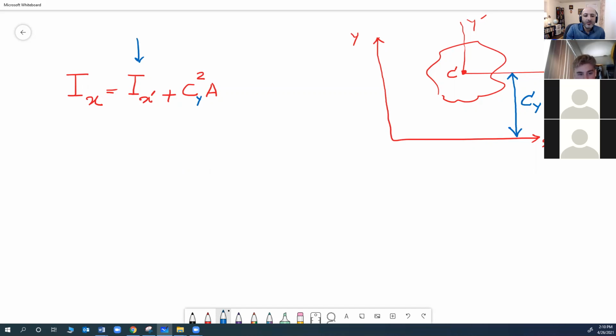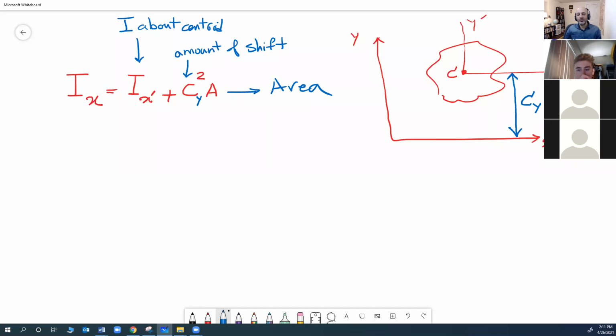So this is I about centroid. This is the amount of shift, and this is just the area. Okay, so if I want to find I about the y axis, all I have to do is find I about y prime plus c squared A, this time called cx.